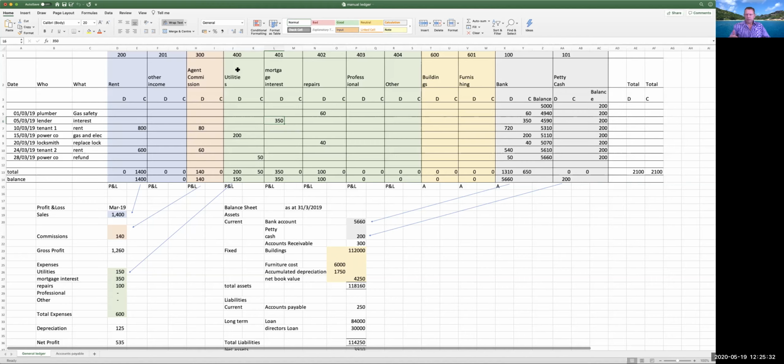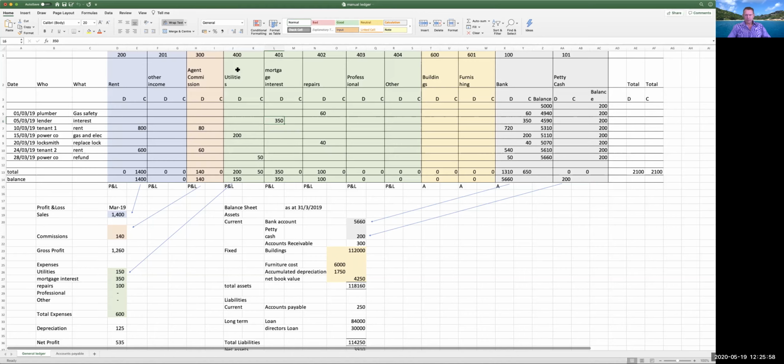Okay, you might have another account after that called council tax. So you can have as many accounts as you like, and when you go into a software package like Xero, you'll start up a company and it will give you the general number of accounts that most businesses will have. But what you then do is you customize that by adding the accounts that you want. Okay, and that's very simple to do as well.